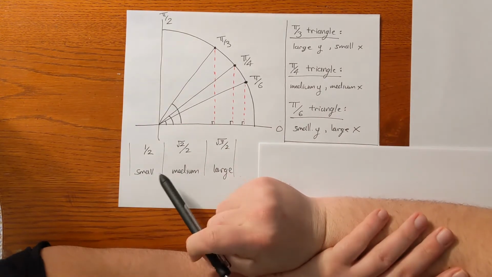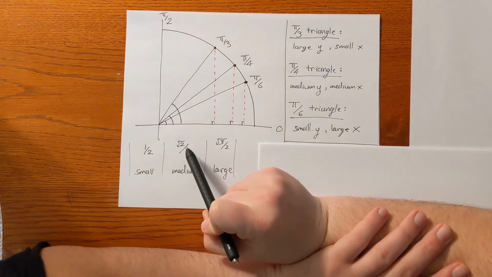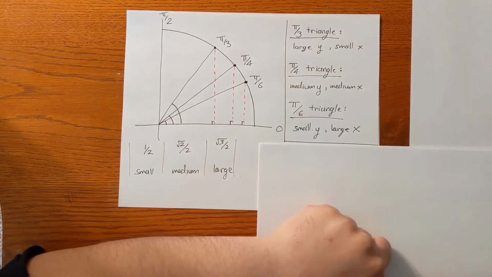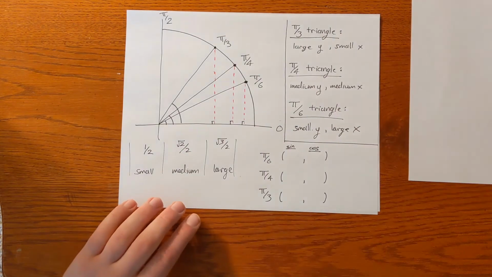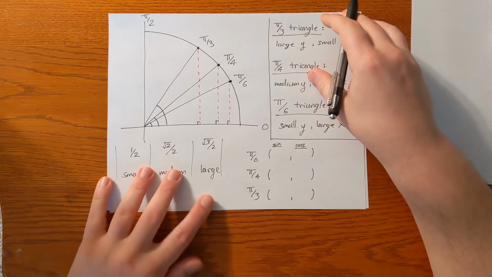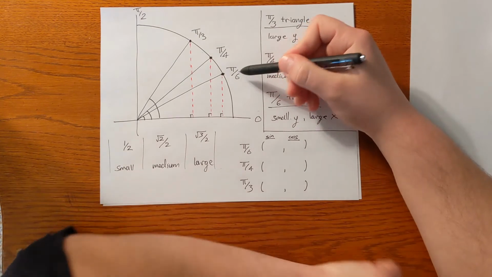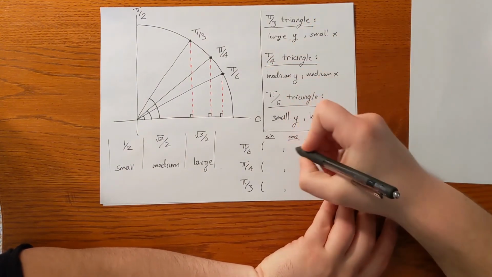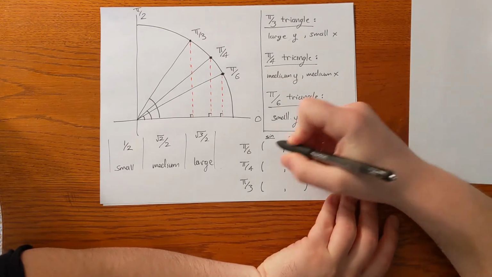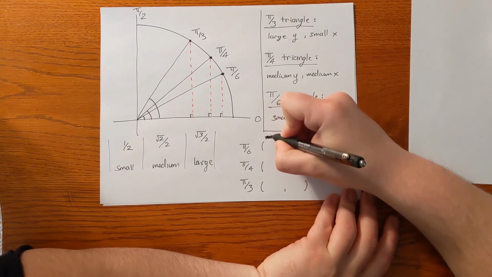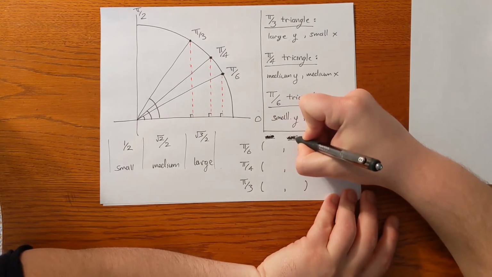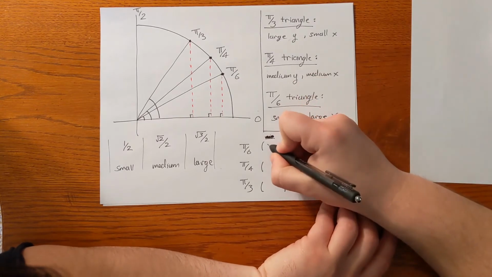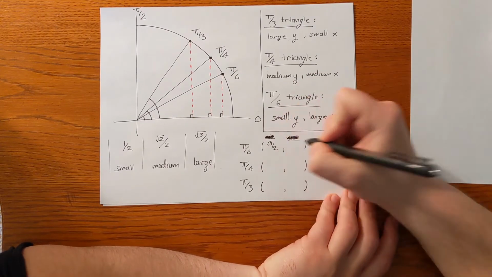Now for those three standard numbers, 1/2 was the smallest, rad 2 over 2 was the medium one, and rad 3 over 2 was the largest. That's what we're going to use to assign sine and cosine values to each of these. So pi over 6 has the largest x-coordinate, so that means x, oh geez, I've labeled these backwards, sorry. This has the largest x-coordinate, so that's going to be rad 3 over 2.